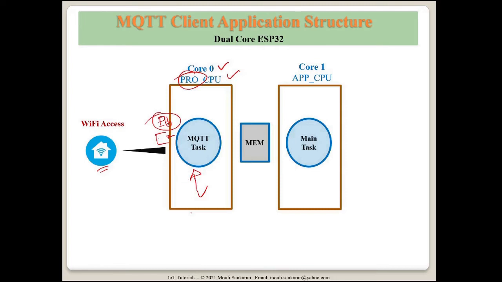So if you run the protocol stack on this core, it will be more efficient than running it on this one. It doesn't mean that you cannot run those tasks on this core, but it will be inefficient. So it is preferred that your protocol stack related activities are done in a task which is scheduled to run on this core.